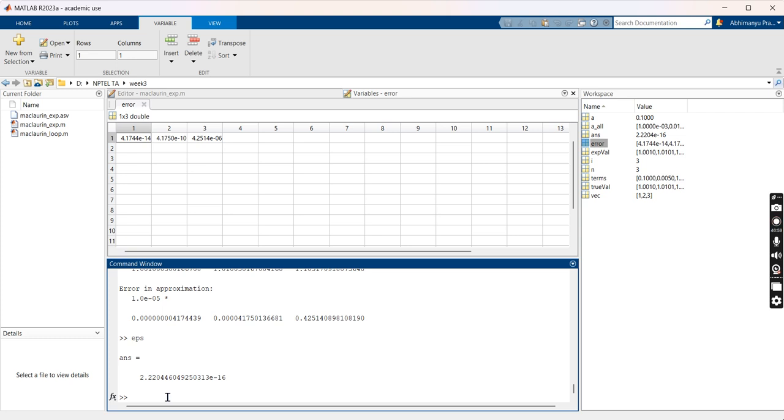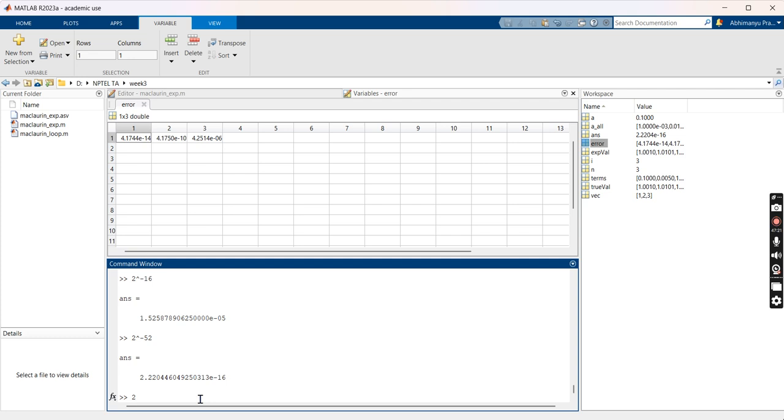So if I try to store 2 to the power minus 16, sorry. So this number is basically 2 to the power minus 52. So if I try to type 2 to the power minus 52, it gives me this.